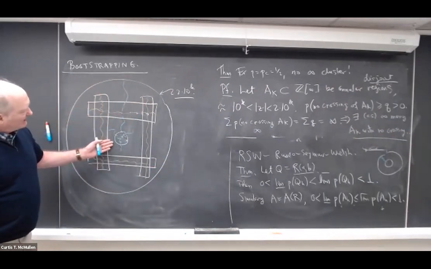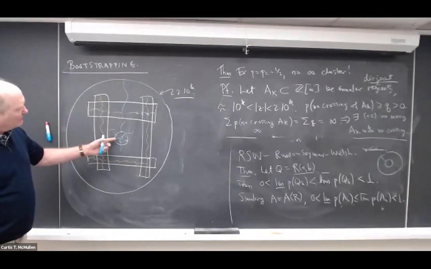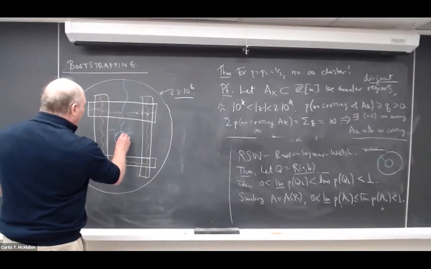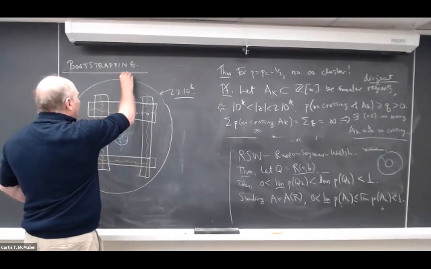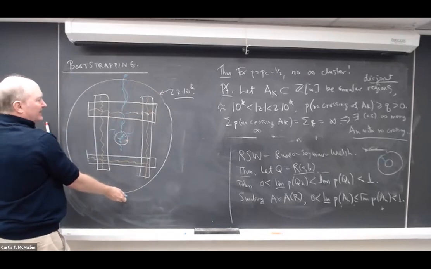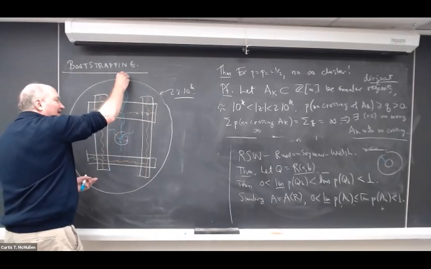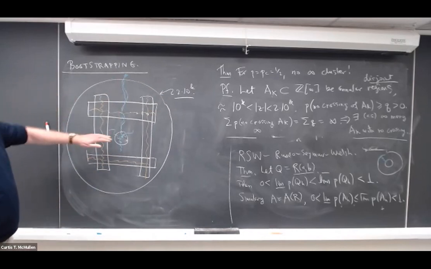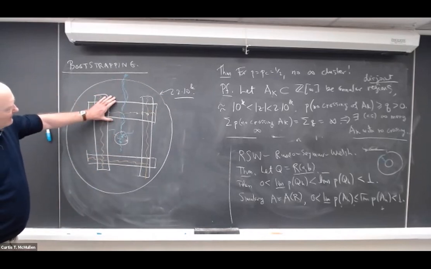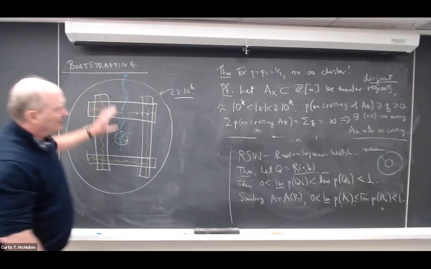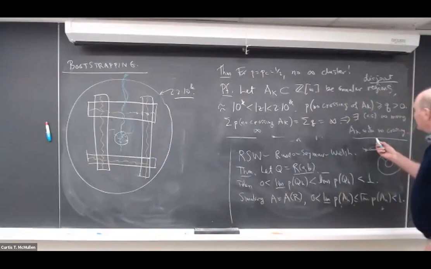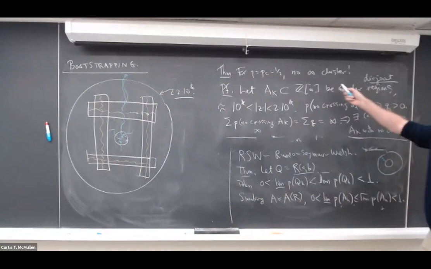So just choose k large enough so that A_k encloses a point in the infinite cluster. Well, for this cluster to be infinite, it has to be able to reach outside this annulus because there's only finitely many vertices inside of it. But that means it has to cross this annulus. So in fact, if there is an infinite cluster, almost every A_k has to be crossed. There can only be finitely many exceptions that are not crossed by the percolation cluster. But with probability 1, there's infinitely many A_k with no crossing. So that's a contradiction. So there's no infinite cluster.